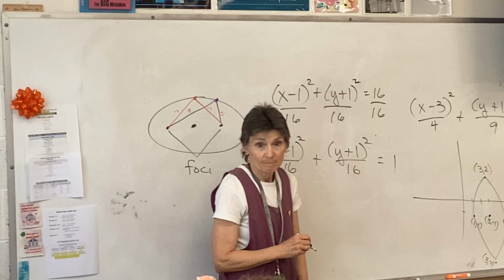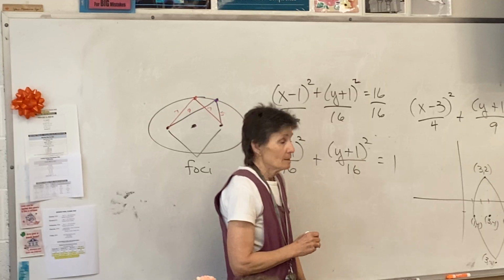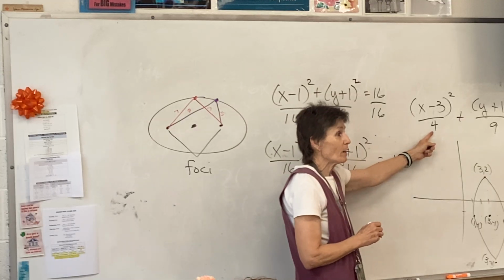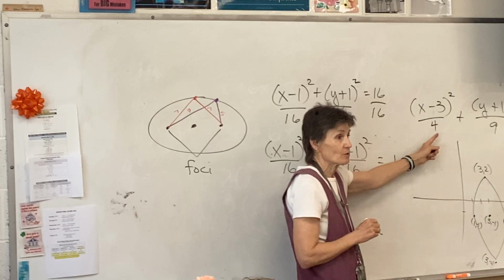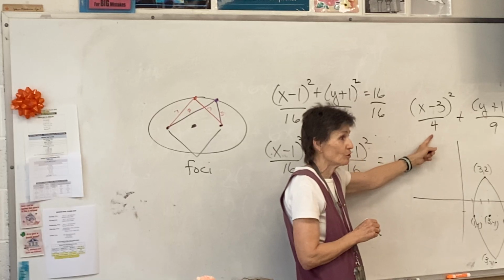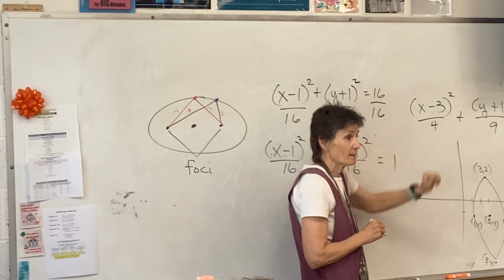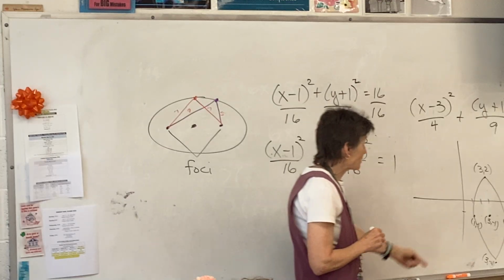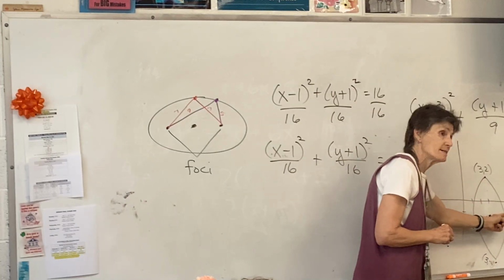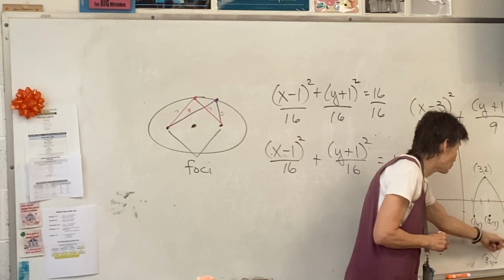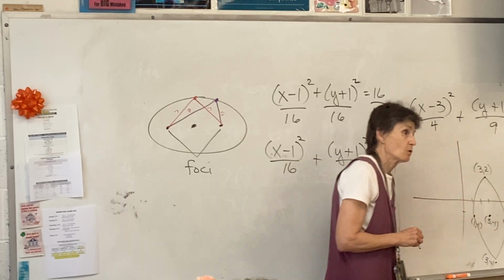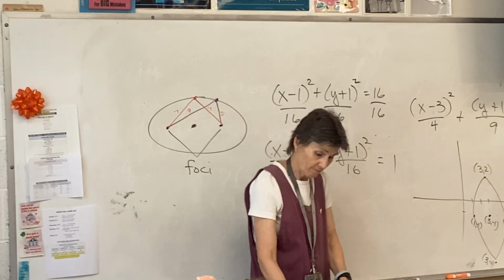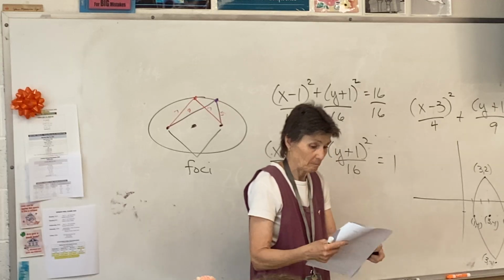Pretty easy. This is the radius squared in the x direction. So the radius in the x direction is 2, and the radius in the y direction is 3. These 4 points are called the vertices of the ellipse. The ones I joined to make the shape, those are called the vertices of the ellipse.